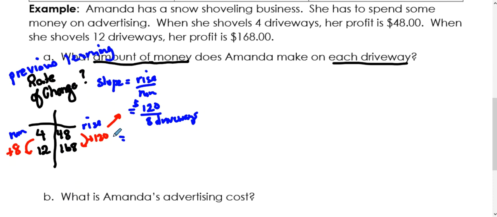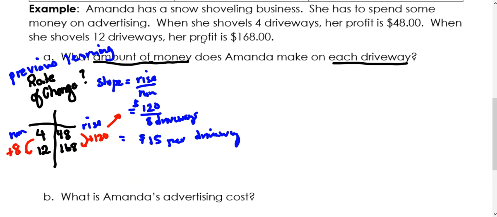All right, so I can take 120 divided by 8. That means she charges $15 per driveway. All right, all by finding the slope.